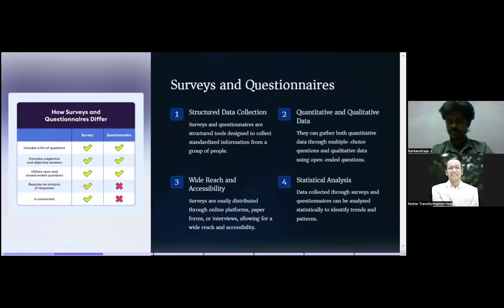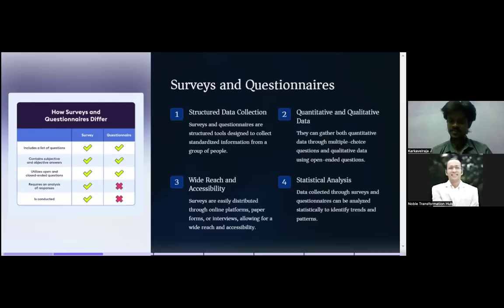Second is quantitative and qualitative data, so quantitative research and qualitative research. Again, for that you have to collect data. You can gather quantitative data through multiple choice questions, and qualitative data using open-ended questions. So that is the difference between quantitative and qualitative.